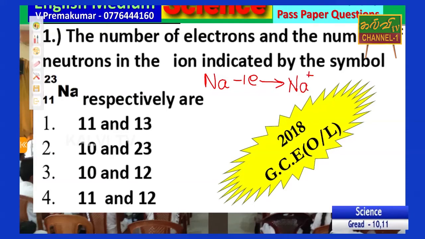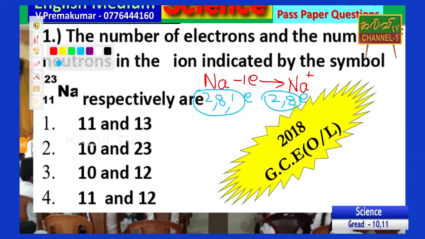That means the electron configuration is 2, 8, 1, here 2, 8. This indicates the number of electrons. Now consider the number of protons, because the atomic number explains the number of protons.